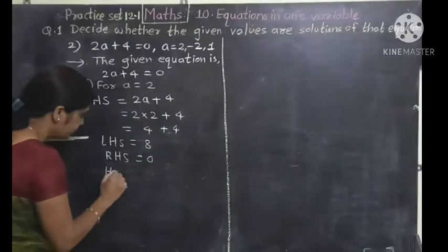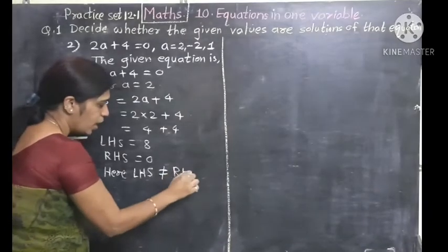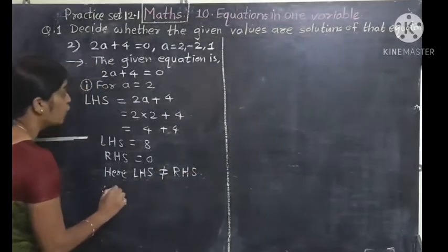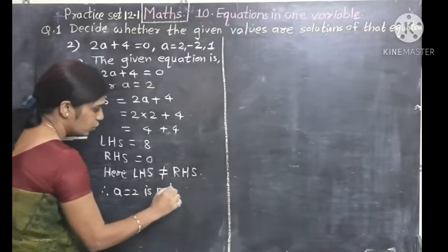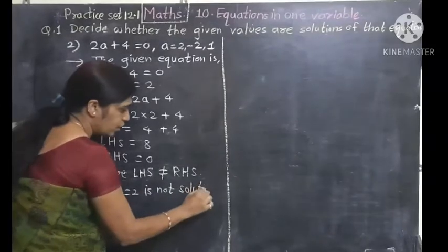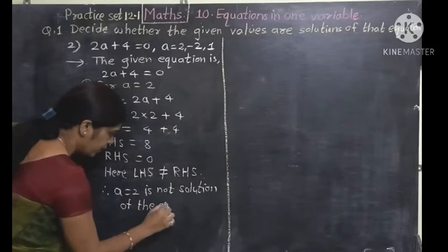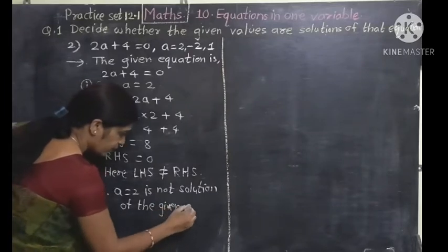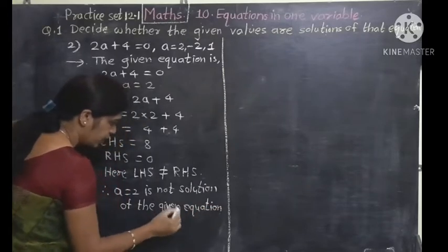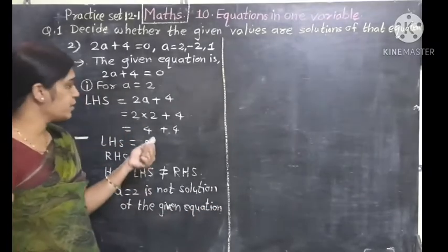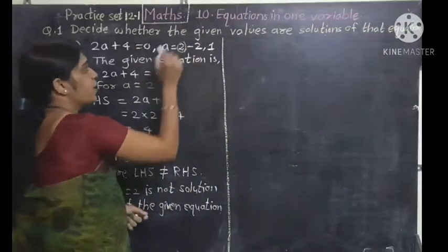No. Here LHS is not equal to RHS. Therefore, a is equal to 2 is not a solution of the given equation. Okay, understand? For a is equal to 2, it is not a solution. Here a is equal to 2 we have completed.